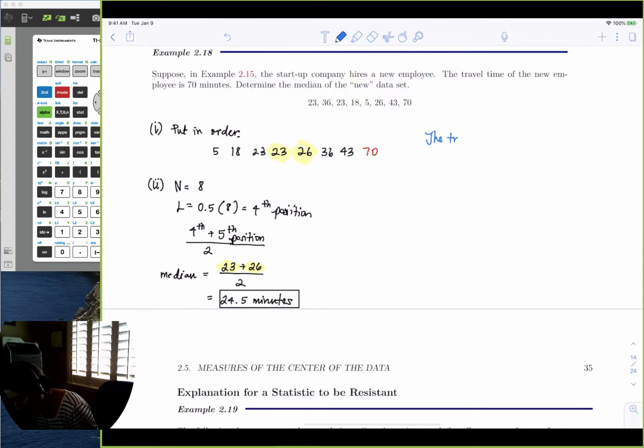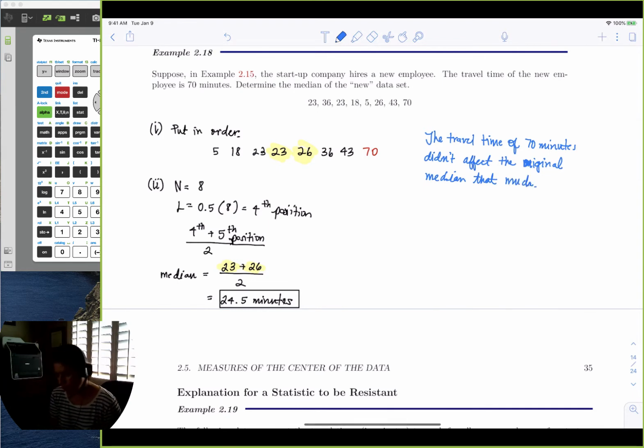The travel time of 70 minutes didn't affect the original median that much. It did change. I'm not saying it didn't change, but it didn't really change it as much as I thought it would, right?